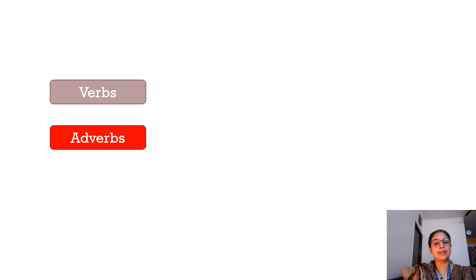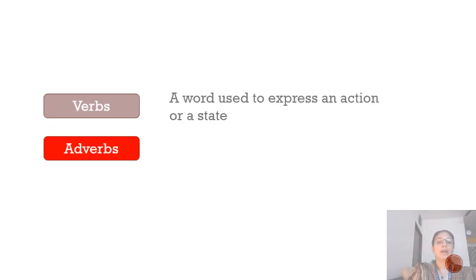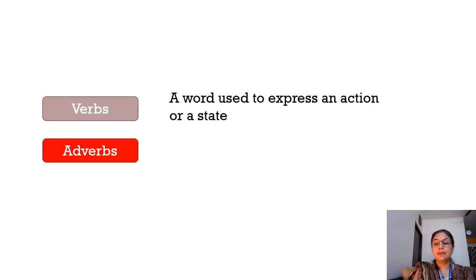Now let's go on to the second group, verbs and adverbs. The verb is a very important word because we can form entire sentences with just one verb. A word used to express an action or a state is a verb.